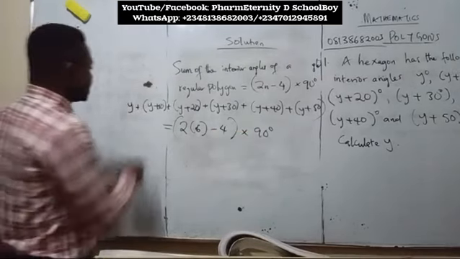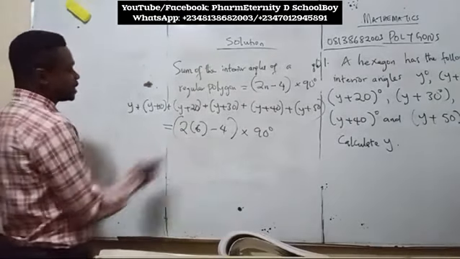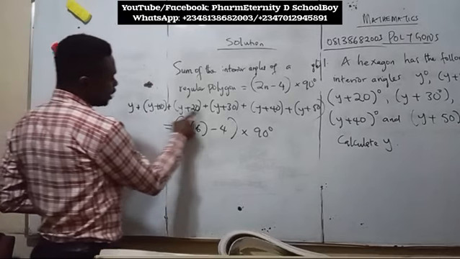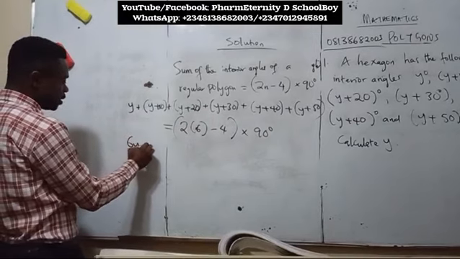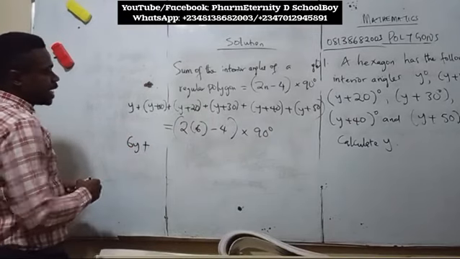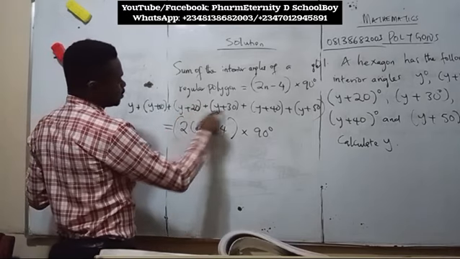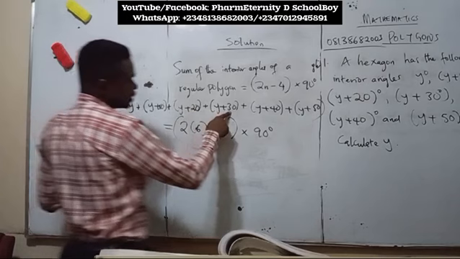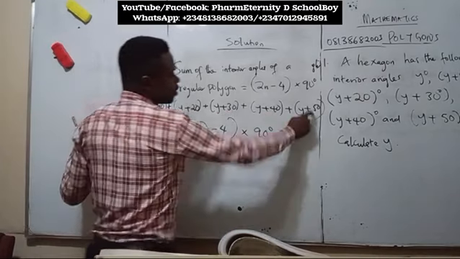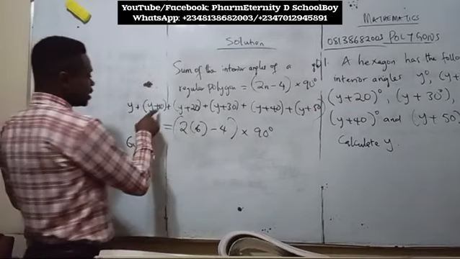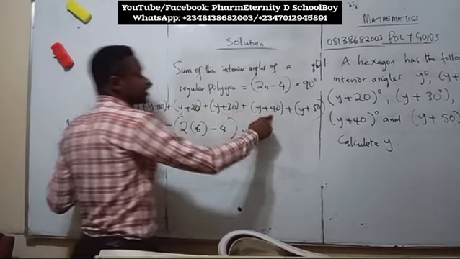How many y's are here? 1, 2, 3, 4, 5, 6. So we have 6y plus, let's add the numbers. 10 plus 20 is 30, plus 30 is 60, plus 40 is 100, plus 50 is 150.